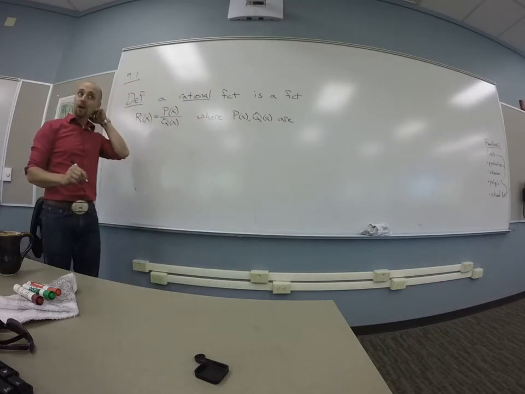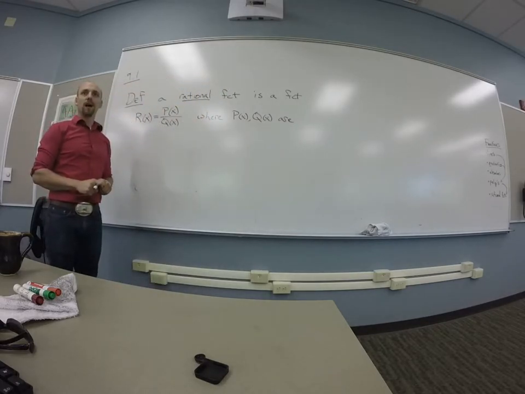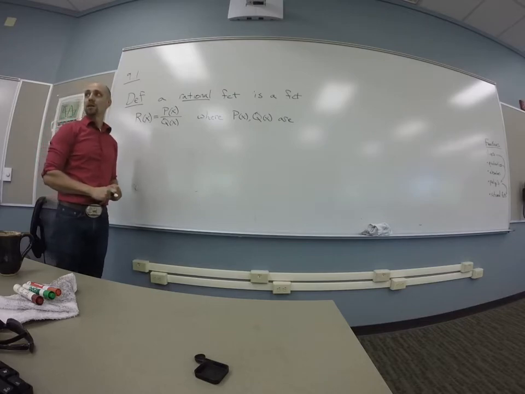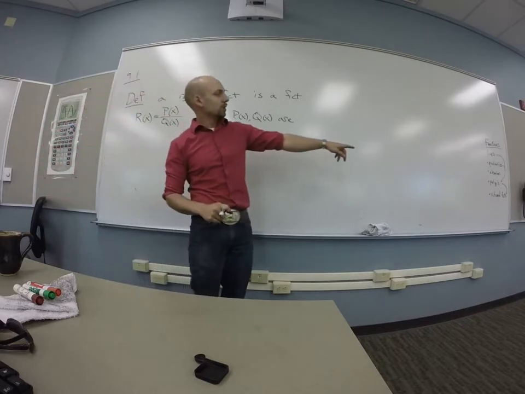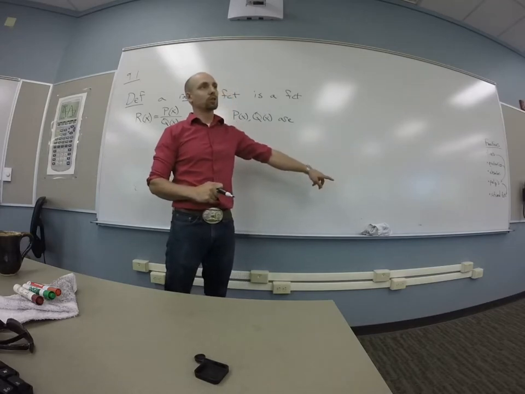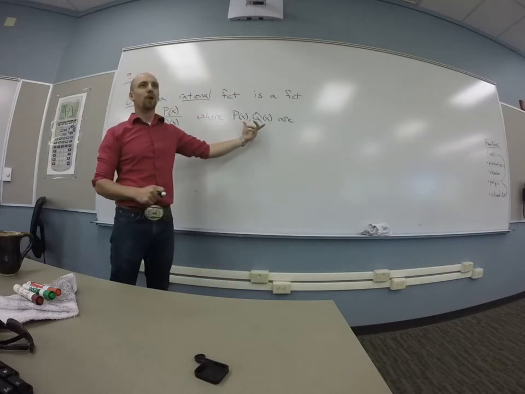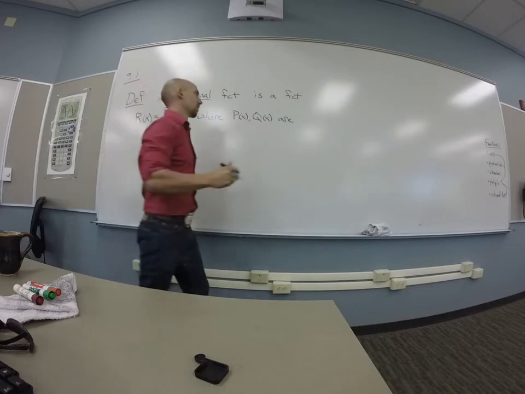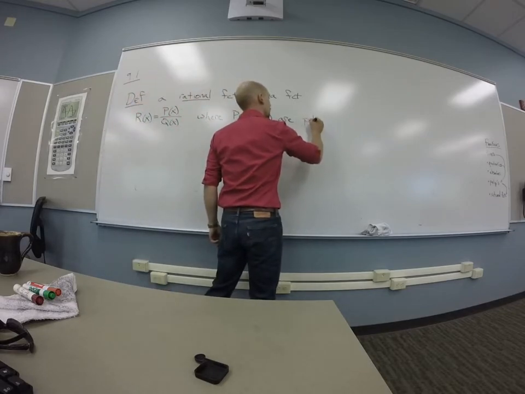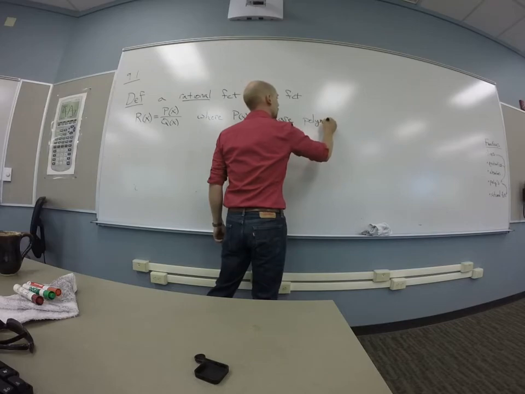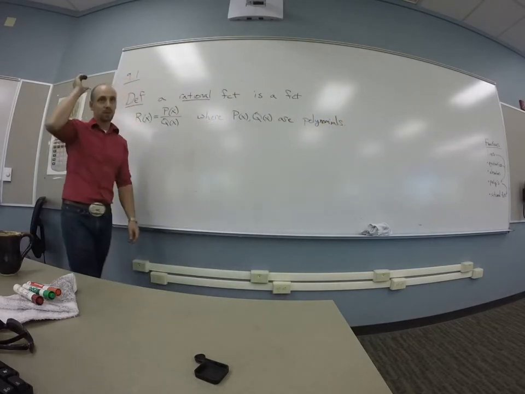Remember when we built the rational numbers? We took ratios of the preceding set of stuff. Here we're going to do the same thing. We developed polynomials, and now we're going to take ratios of polynomials. You guys see this?